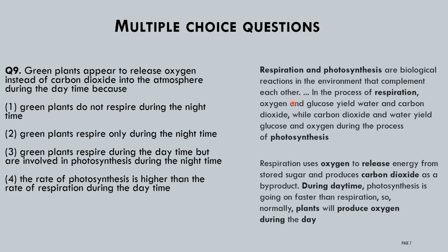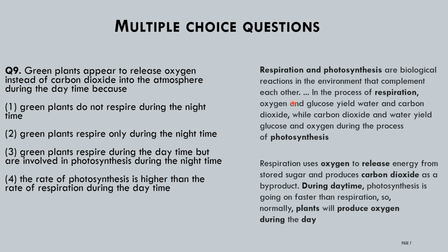But during the daytime, sunlight is available and is more. Therefore, plants prefer photosynthesis more compared to respiration, because sunlight is most necessary for photosynthesis. So in the daytime, the process of photosynthesis is more than respiration.